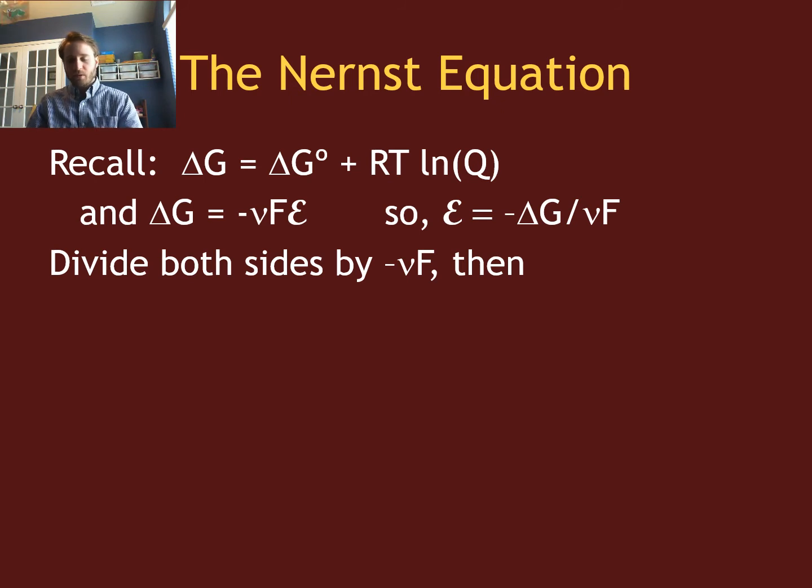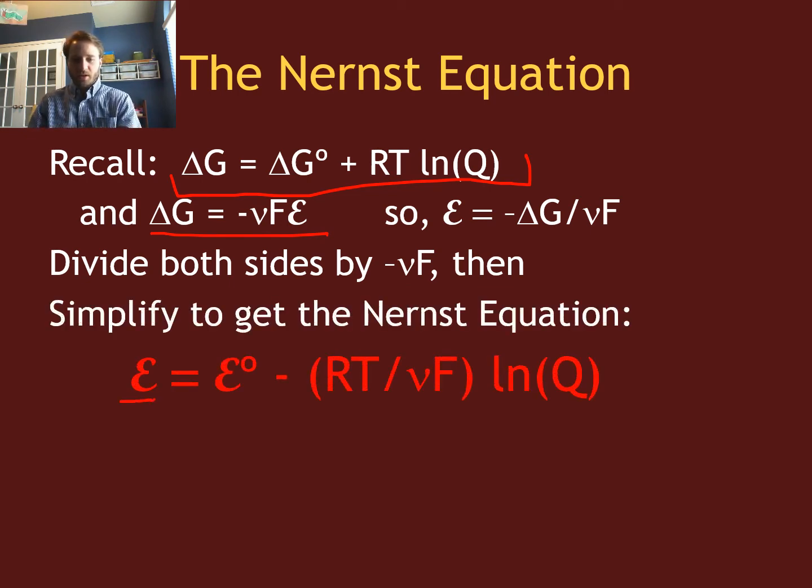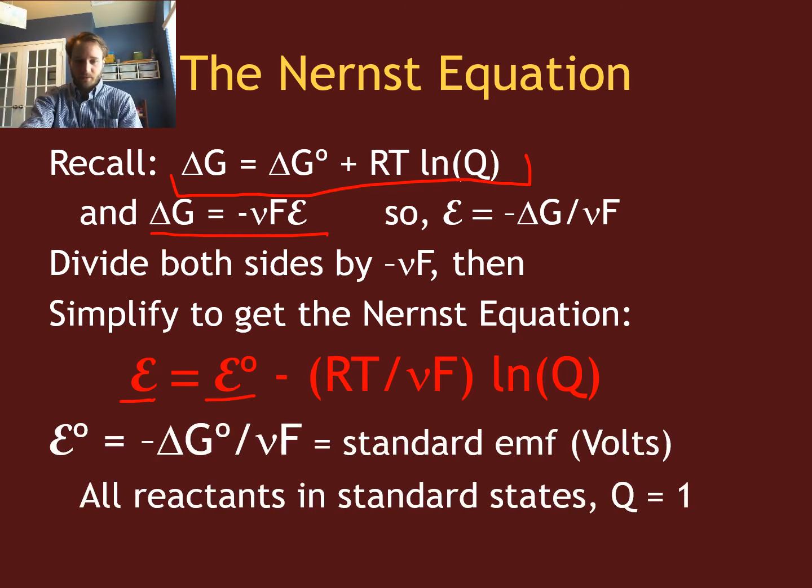If we recall our talk about equilibrium and free energy, we had this equation relating the free energy change of a reaction to the standard free energy plus RT ln Q. So just using the fact that ΔG is equal to minus νFE, we can get that the cell potential is related to the standard cell potential, which is the cell potential at 1 molar concentrations and 1 bar, minus RT divided by νF times ln Q. Q is still your reaction quotient, ν is the number of electrons transferred, F is Faraday's constant, and R and T are your ideal gas constant and temperature.